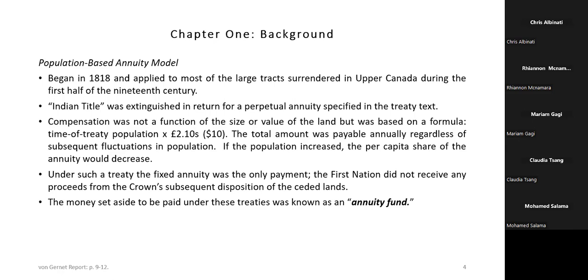So your annuity obligation didn't change. No, the annuity obligation didn't change. So there was what's called an annuity fund that was set aside to use to pay for these treaties. And this annuity fund remained the same, never changed. It was always 26,000 and change every single year.